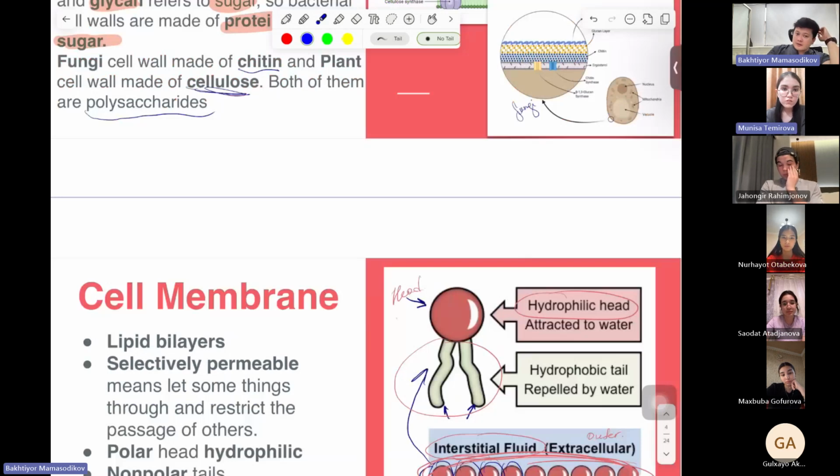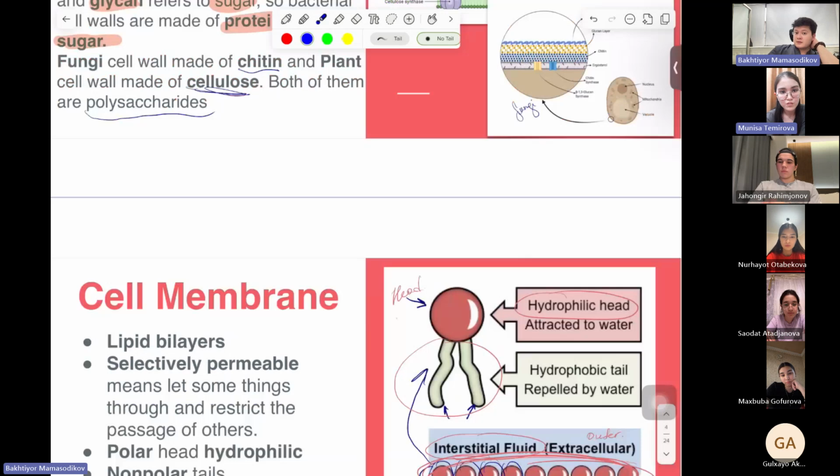Munisa Timirova, any questions? Yeah, everything is clear, but a little bit confusing. Okay, which part is more confusing to you? The names of cells of plants, some bacteria.